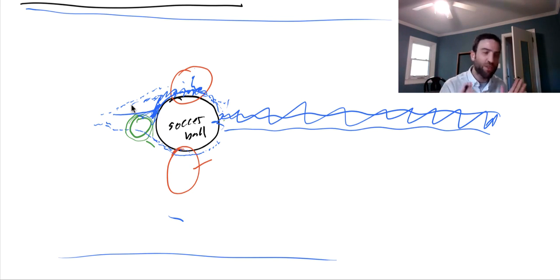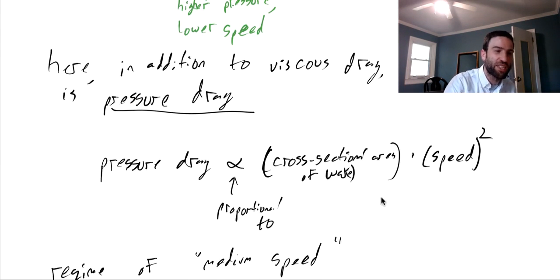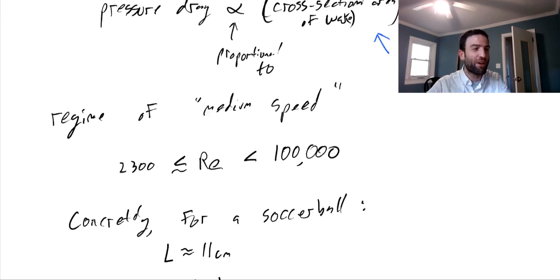And so the pressure drag at these even higher Reynolds numbers gets a little bit smaller, because the pressure drag depends on the cross-sectional area of the turbulent wake, not the cross-sectional area of the object itself. And it turns out that effect is not particularly small.